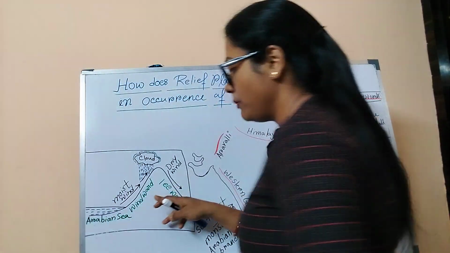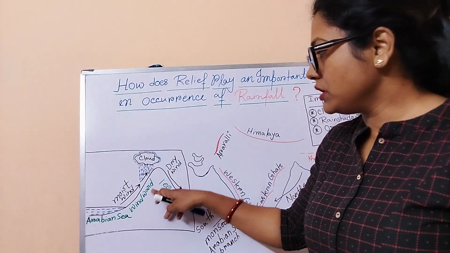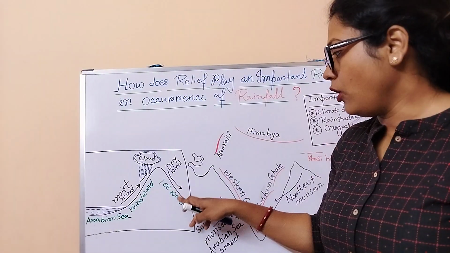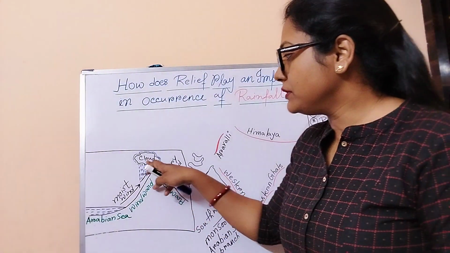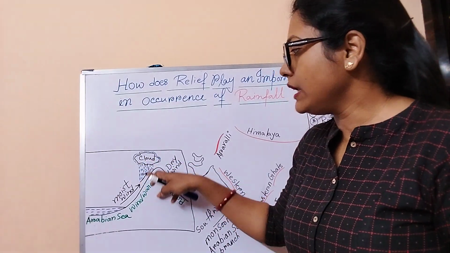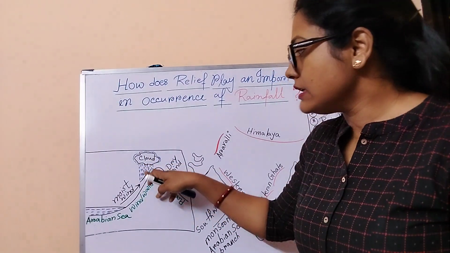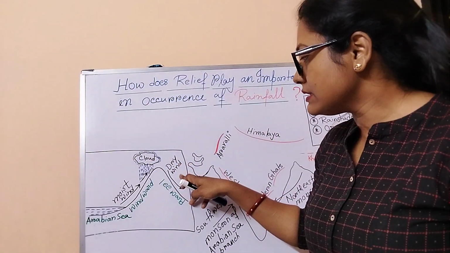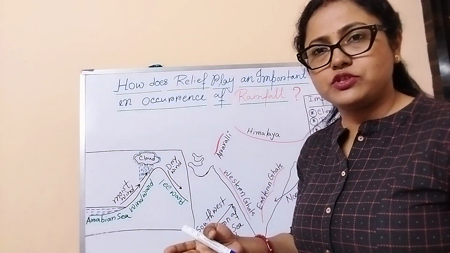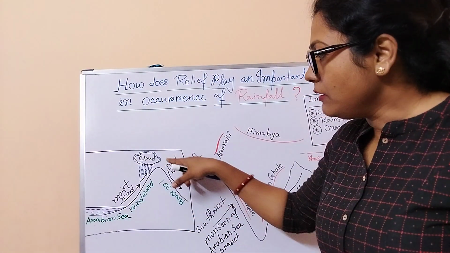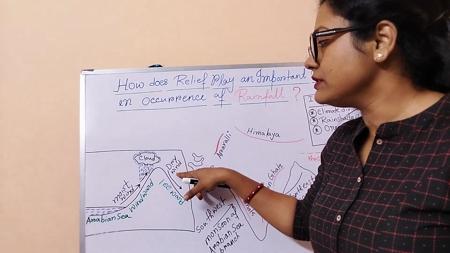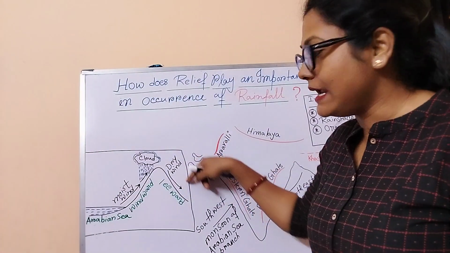So you all can observe here, this is the windward side of the relief and the opposite side is called the leeward side. So what will happen after causing maximum rainfall on the windward side? When this wind comes to this side, it has already shed its moisture, right? So this area will experience dry wind which is descending.